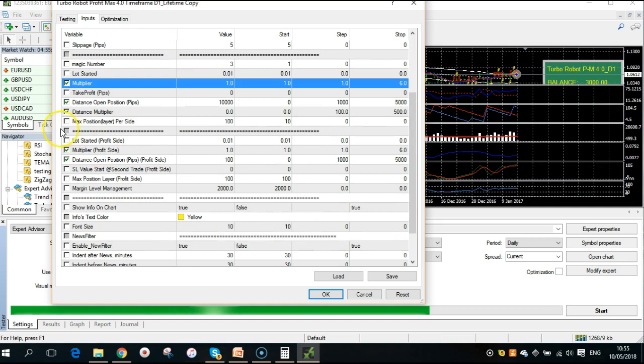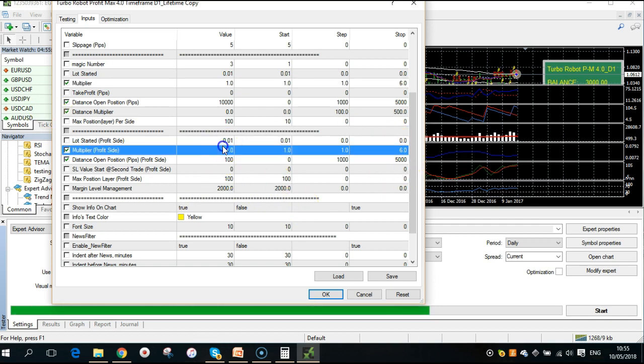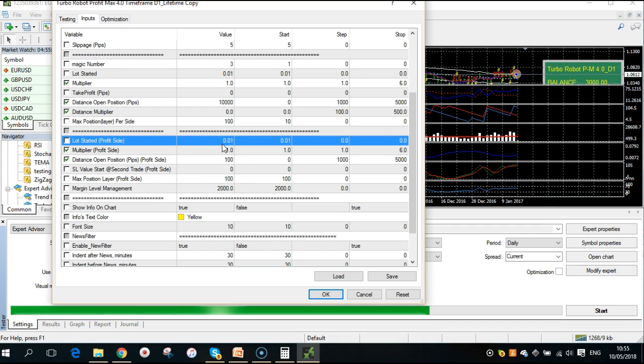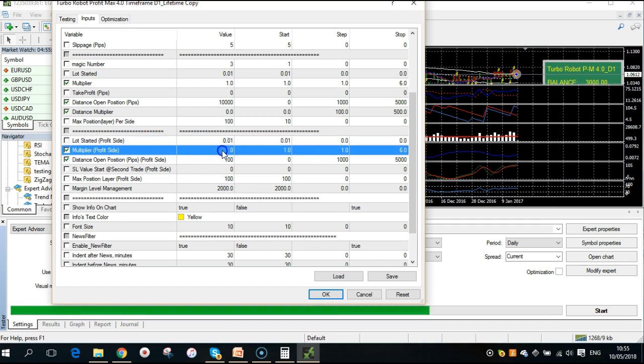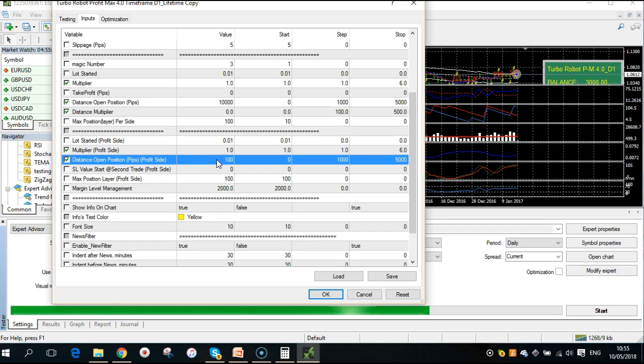Okay. The next is your anti-martingale or profit martingale portion, or profit maximize, this is the profit maximize that we are engaged in. So your starting lot size, we're going to put it the same as 0.01, and then multiplier will be 1. Then if you want to double up your lot size or open a new trade if the trend is ongoing, you can leave it like maybe 50 pips.